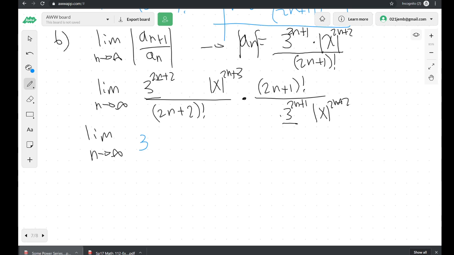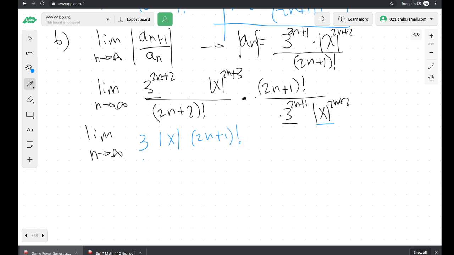So we have this over here a little bit more simplified, right? So x in absolute value to the power of 2n plus 3 divided by x to the power of 2n plus 2 will yield the absolute value of x by using the properties of powers. Now, 2n plus 1 factorial, we're going to leave it as it is on the top.